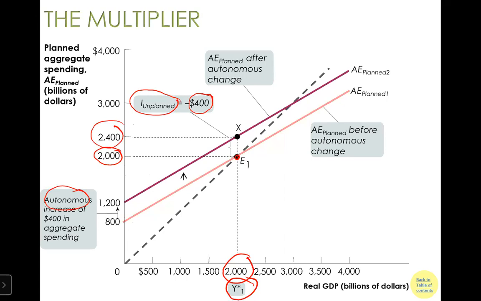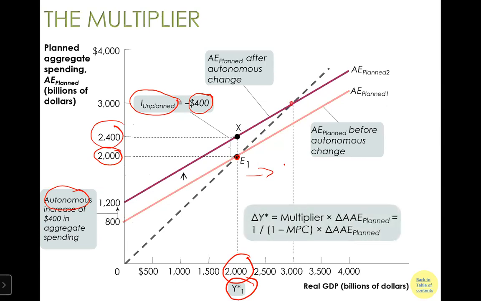Suddenly the demand exceeds supply. And then the economy is going to adjust by increasing production until we reach this new point, okay? Once at this new point, demand equals supply, right? But the horizontal difference is determined by the multiplier, and the multiplier is determined by the slope of this aggregate expenditure function, right?